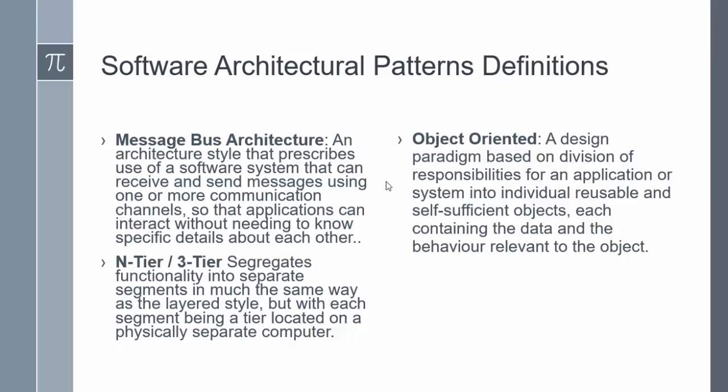Then we have object-oriented design pattern, or object-oriented architectural pattern. A design paradigm based on division of responsibilities for an application or system into individual, reusable, and self-sufficient objects, each containing the data and the behavior relevant to that data.